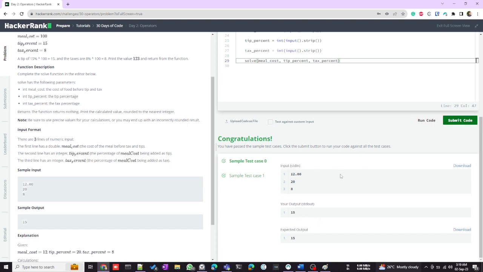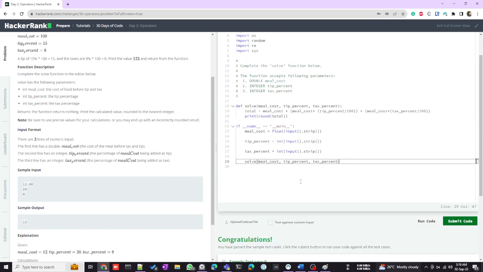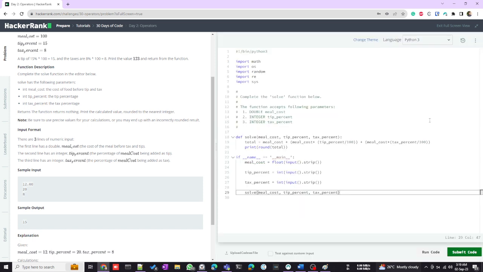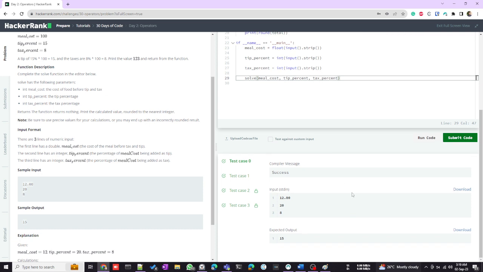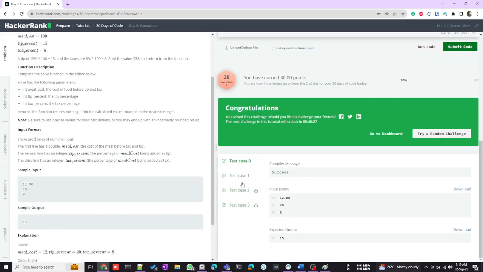Yes, and that's it, so it's probably done. Let's submit the code and see. Yes, it passed all of the test cases. That's great.